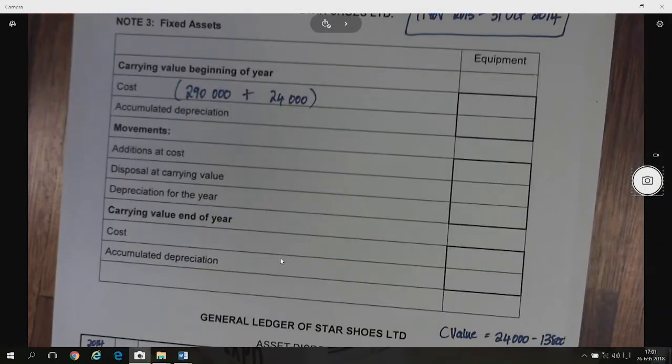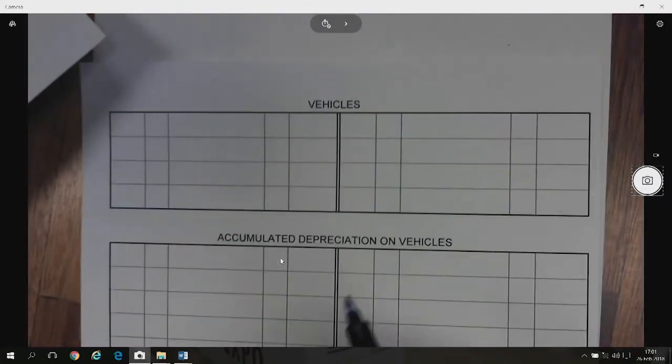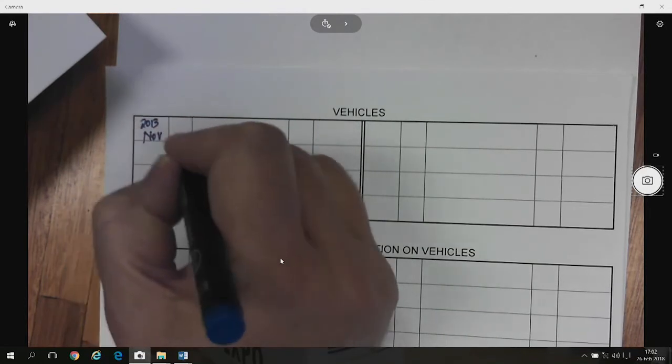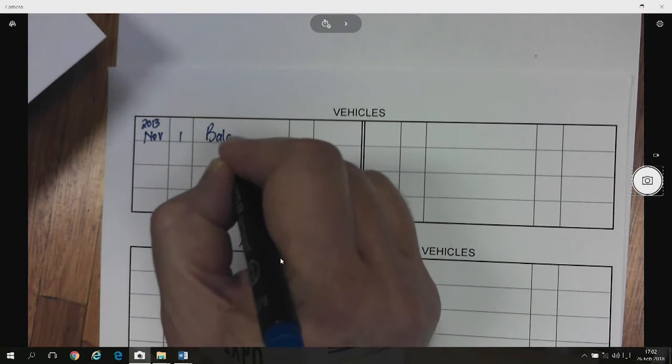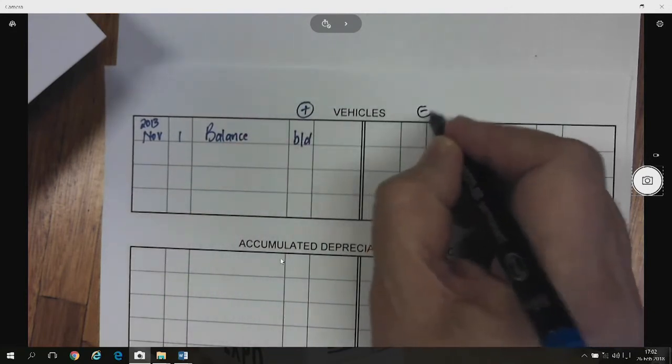If we can do the vehicles account quickly, remember on November 2013, the first, there was a balance brought down. Vehicles is a plus minus account.